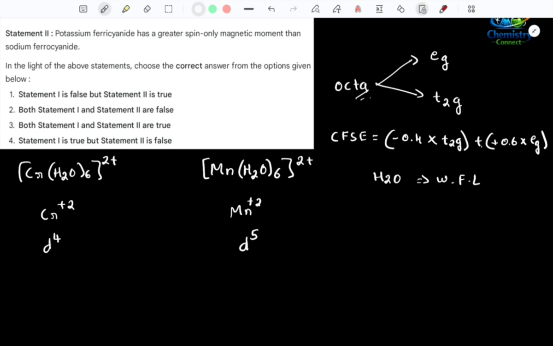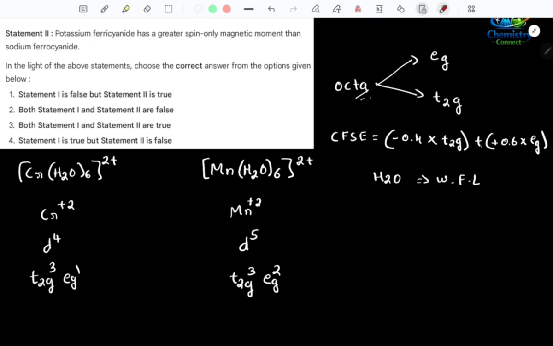Since H₂O is a weak field ligand, we get t₂g3 Eg1 for d4 and t₂g3 Eg2 for d5. That is 3 plus 1, 4 electrons, a d4 configuration, and 3 plus 2, 5 electrons, a d5 configuration.